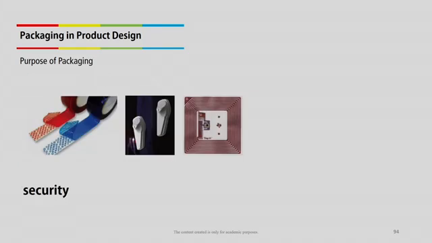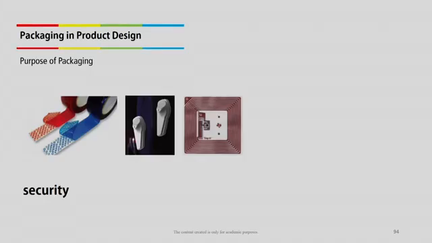Packaging can play an important role in reducing the security risk of shipment. Packages can be made with improved tamper resistance to deter tampering, and also can have tamper evident features to help indicate tampering.